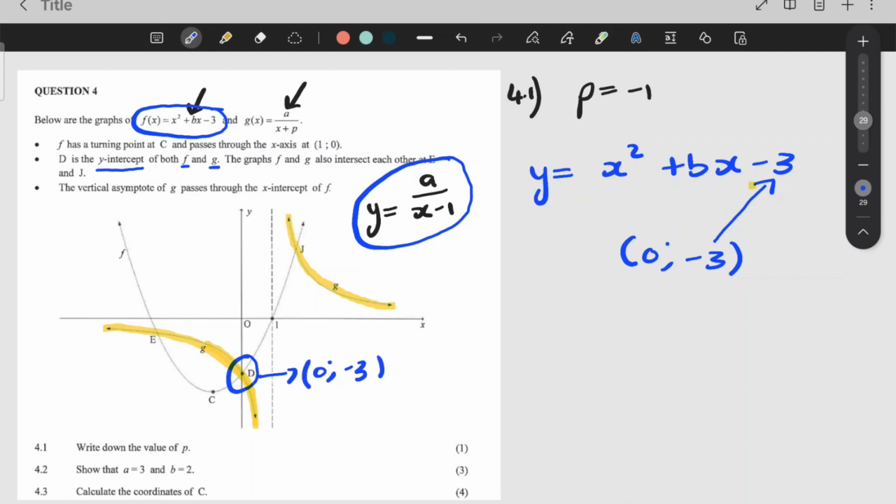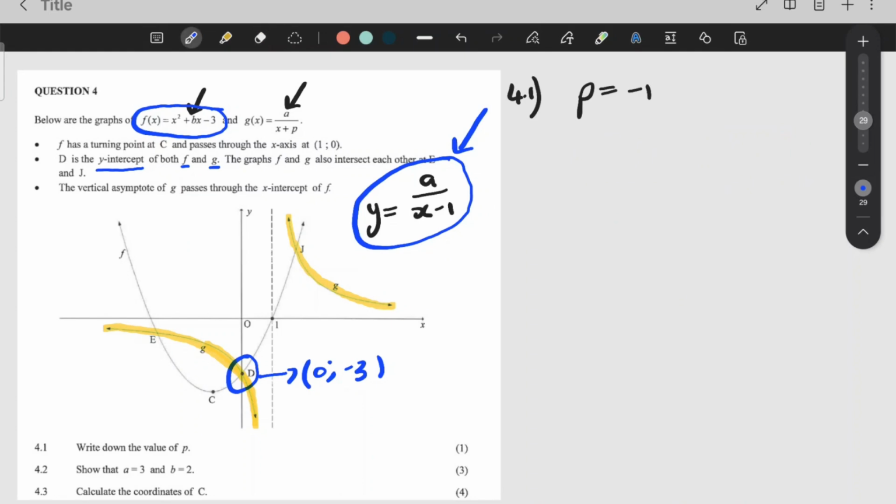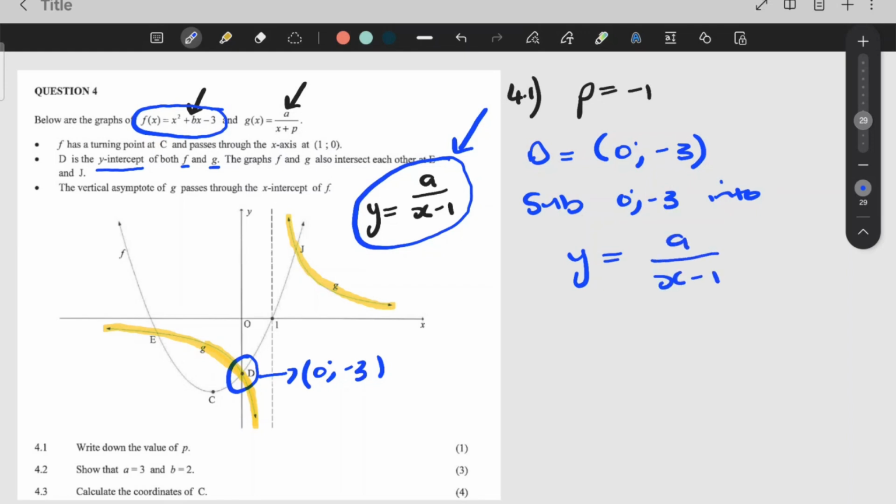So that D I can sub into the hyperbola because it's on the hyperbola. So I'm going to write D is equal to (0, negative 3). And then I'm going to sub 0 and negative 3 into y is equal to a over x minus 1.